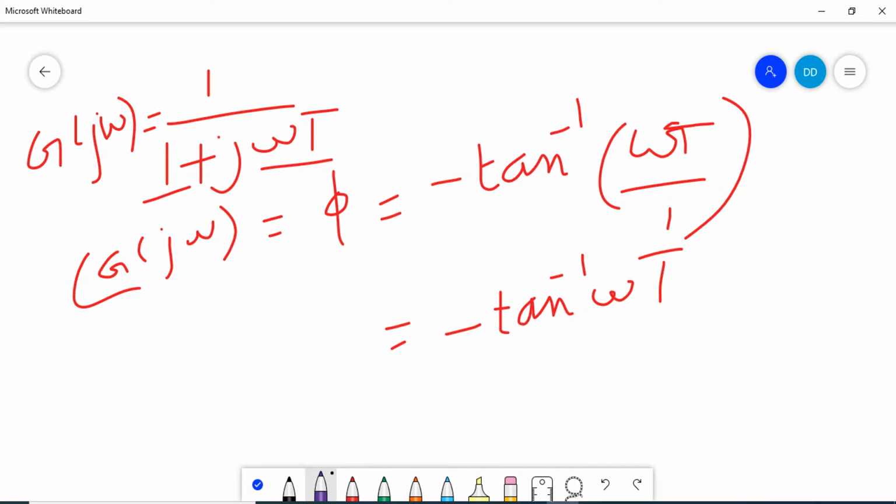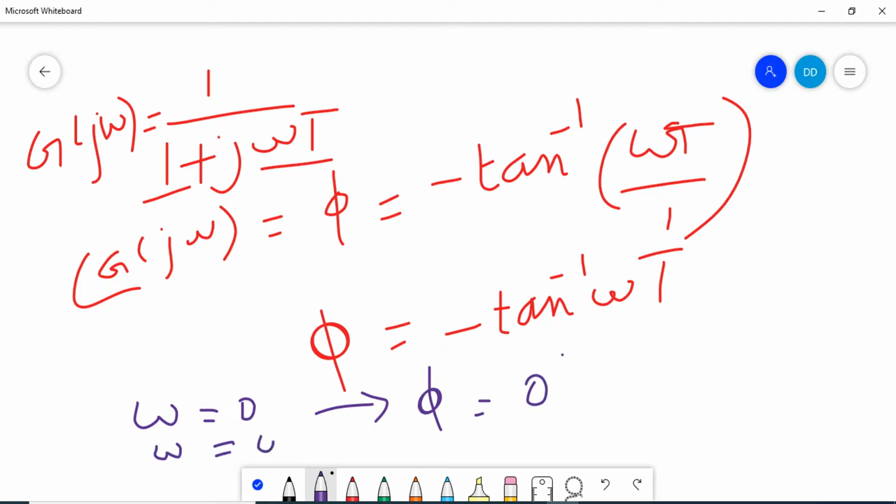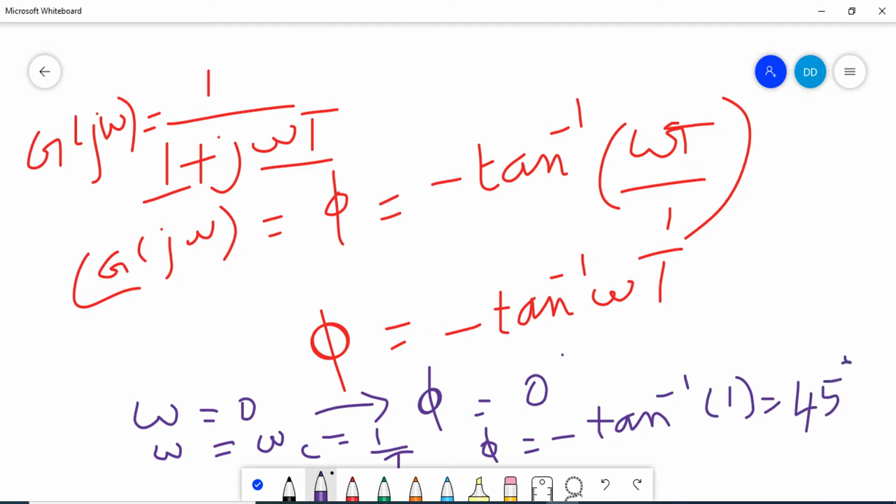To construct the phase angle plot, we will consider different values of omega. If we take omega equal to 0, we get phi as 0 degree. If we consider omega as our corner frequency, which is 1 by t, we get phi equal to minus tan inverse of 1, which gives us minus 45 degree.